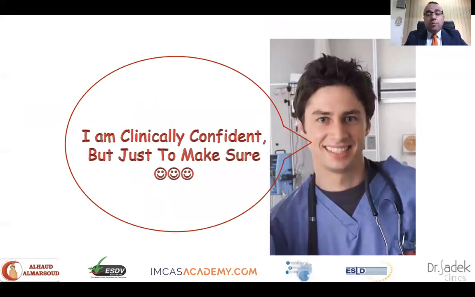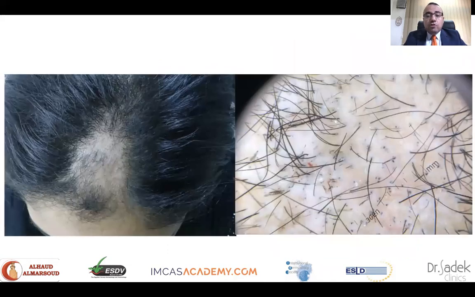In this scenario, a junior resident like JB from Scratch Show, you know him, comes to you and tells you that he's clinically confident with the case, but he's here just to make sure. So now it's your turn to confirm JB's diagnosis. This is his first case.